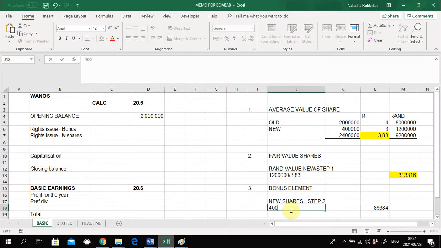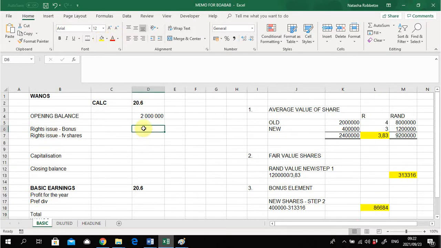So that's 400 minus the 313,316, and the answer here will then be equal to the 400 minus the fair value shares. And I'm just going to put the answer in yellow. So for the bonus, I'm already going to go and just fill it out.